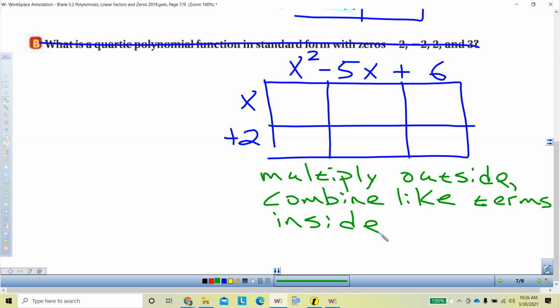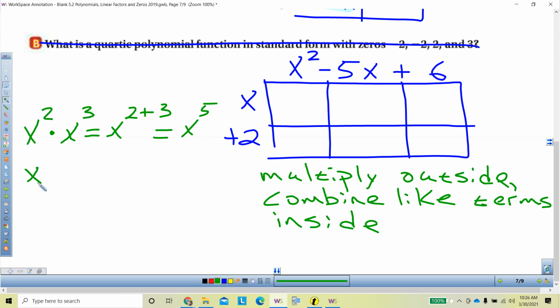The other thing I want to remind you of is this exponent rule that students often screw up. Versus this.